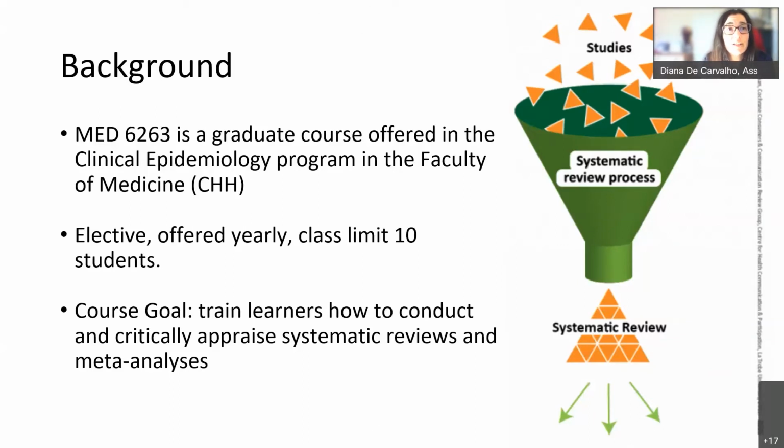It's essentially like running your own research experiment, but your data is actually coming from the published literature. You can see from the funnel on the right, you basically have to have this systematic process to look at all the studies that might answer your question, appraise them for quality, extract the data that would be useful for you to answer your question, and, if appropriate, combine that data and pool it statistically to come to a conclusion.